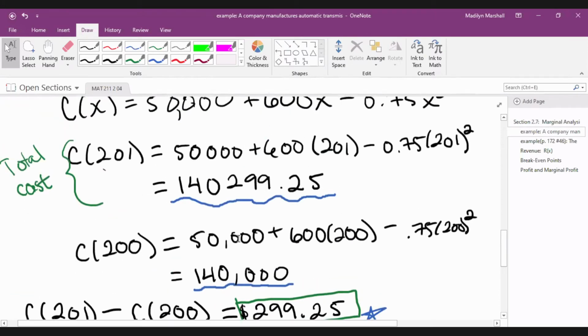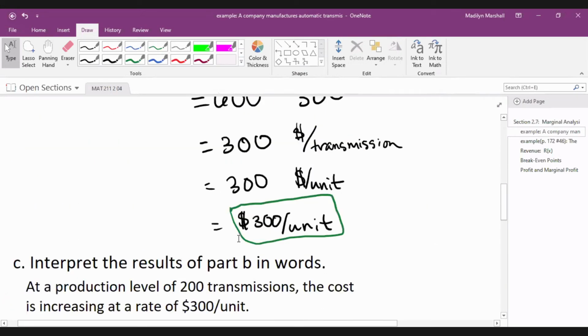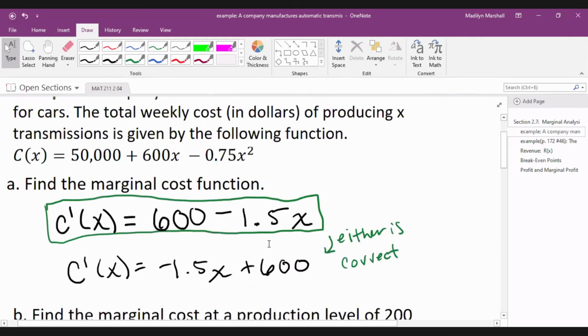We're just going to be using that. So we're going to build on this. This is sort of our introduction to this marginal stuff using marginal cost, but we're going to build on this and talk about revenue and profit as well.